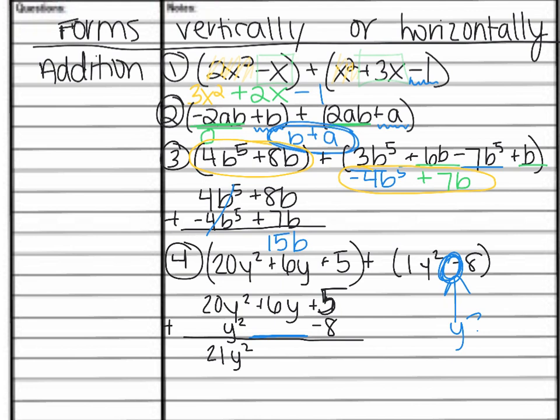I already did 20y squared plus 1y squared is 21y squared. Now, I have this 6y. 6y plus nothing will give me 6y. And then 5 plus negative 8 will give me negative 3. So my final solution is 21y squared plus 6y minus 3.